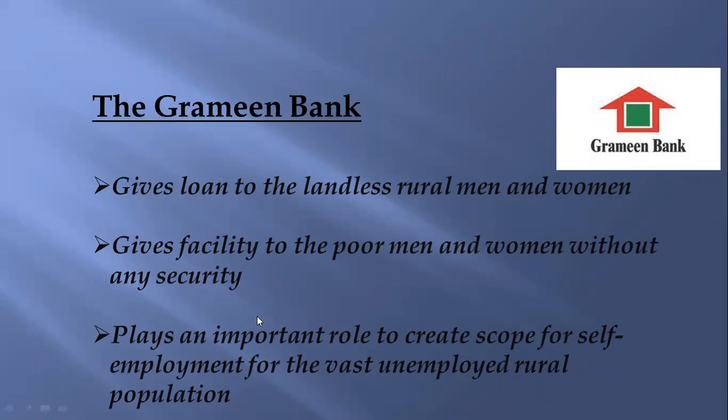The activities of the Grameen Bank are: it gives loans to landless rural men and women, and gives facilities to poor men and women without any security. And finally, it plays an important role in creating scope for self-employment for the vast unemployed rural population. So the role of Grameen Bank is actually very important in our economy.